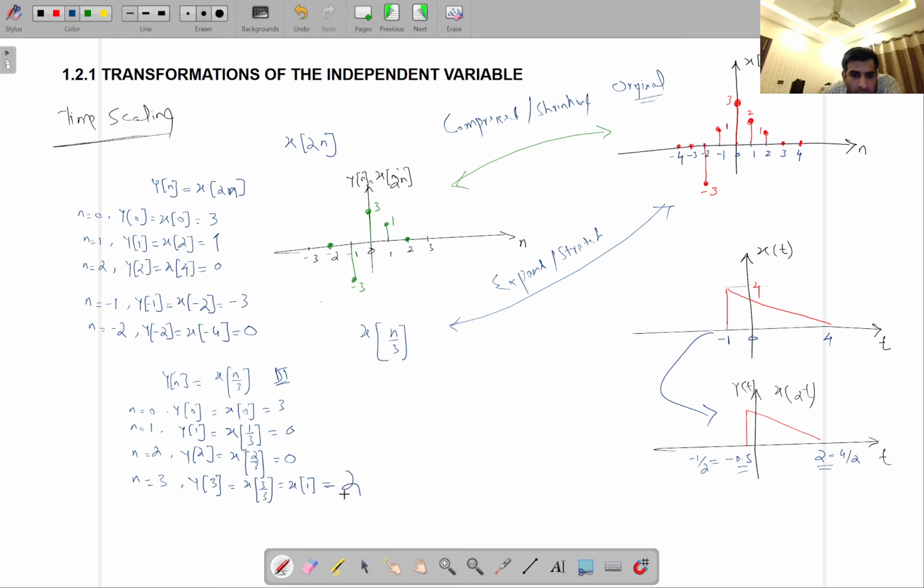So I get 2 over here. If you keep on doing this, y of 4 is going to be 0, y of 5 is also going to be 0, and when you try n is equal to 6, you get y of 6, you are going to get x of 6 upon 3, which is x of 2, and that is defined.